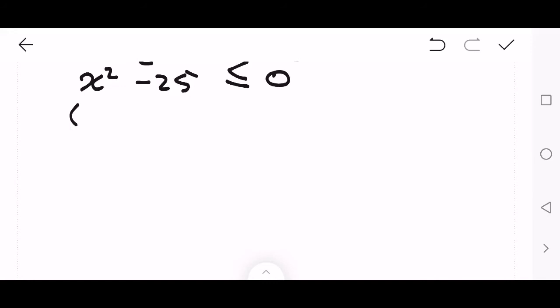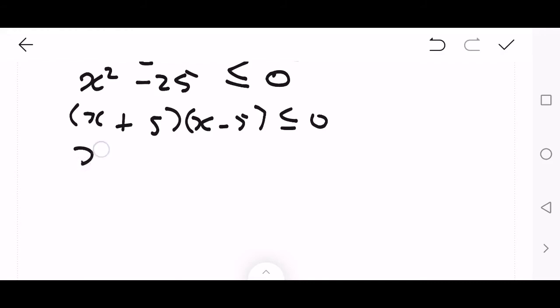So we'll have x plus 5 and x minus 5, less than or equal to 0, a plus and a minus. So x equals minus 5, or x equals 5.